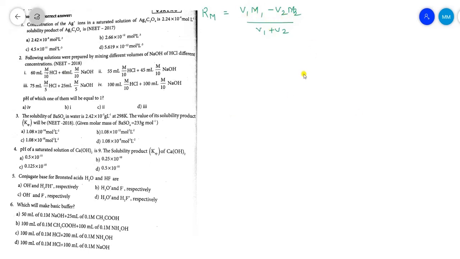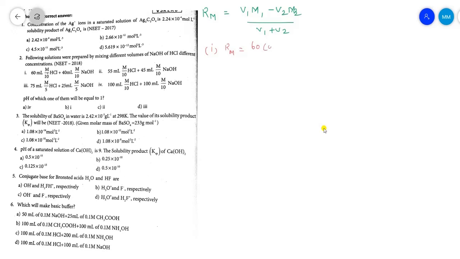Okay. So in case of the first option, it is given that 60 ml of M by 10 hydrochloric acid and 40 ml of M by 10 NaOH. The resulting molarity is equal to V1, which is 60, into M1, which is M by 10.